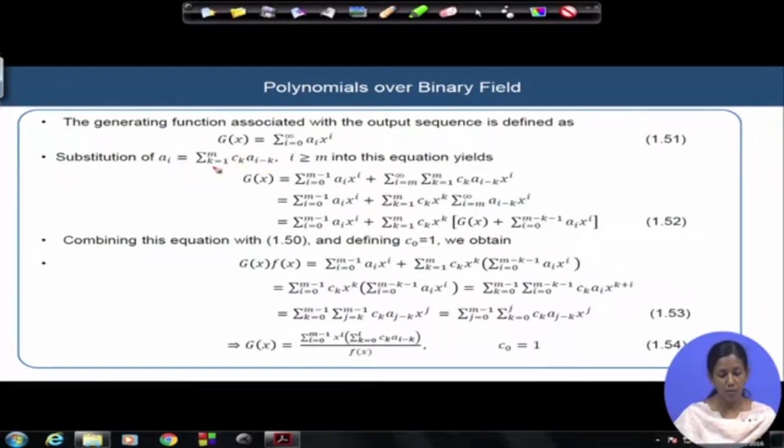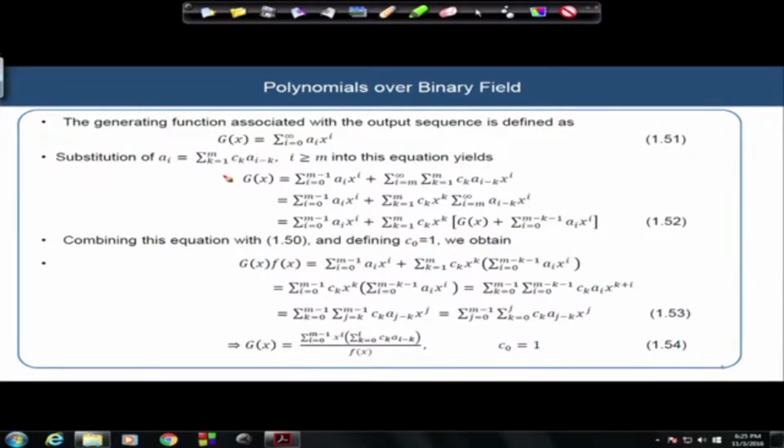Remember, this expression holds good if and only if the clock pulse value exceeds the number of stages involved in the linear feedback shift register. For i less than m, that means up to m minus 1, you will get only the output equal to the initial stage values stored inside the stages.